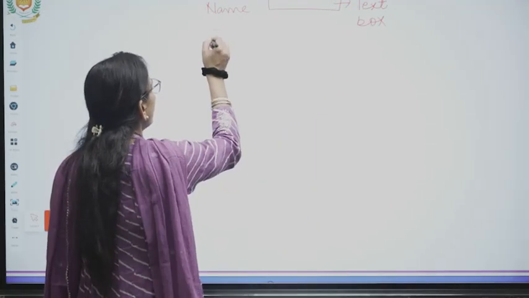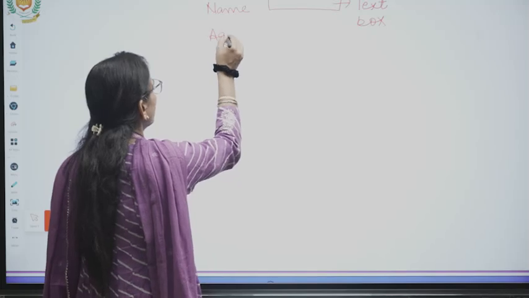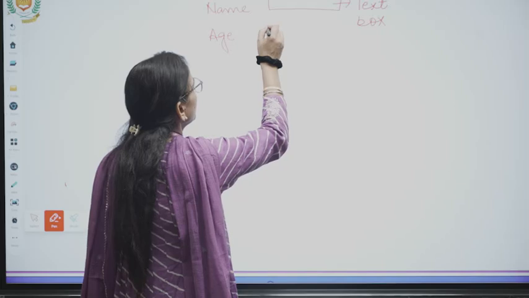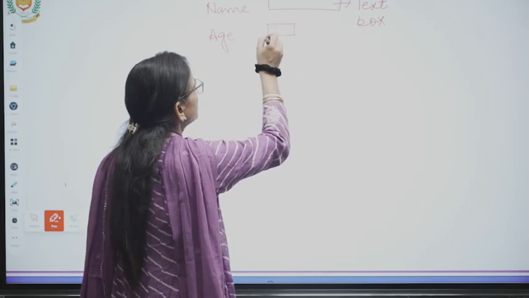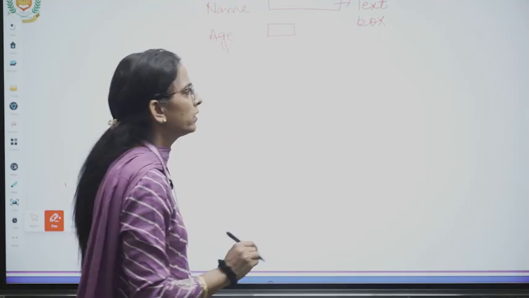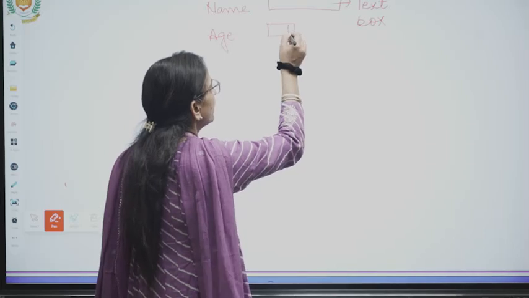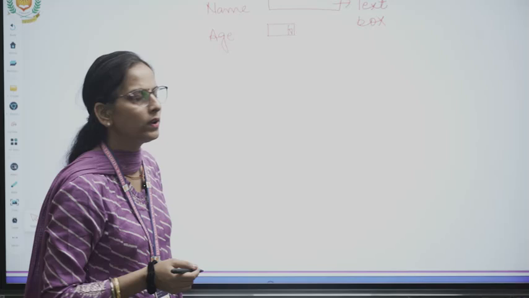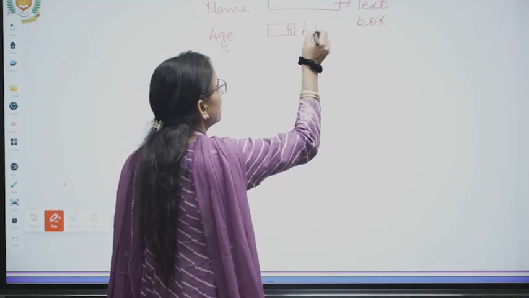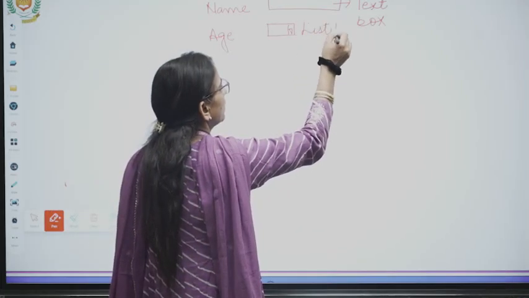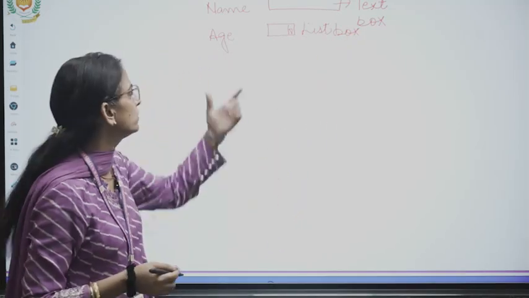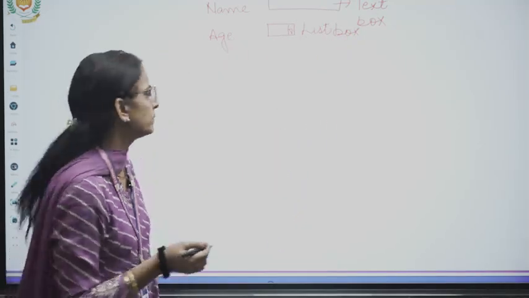Then we have to write the age. For the age, you can take a list box, where you will give a range from 1 to 100, and from this list box, the user can choose.